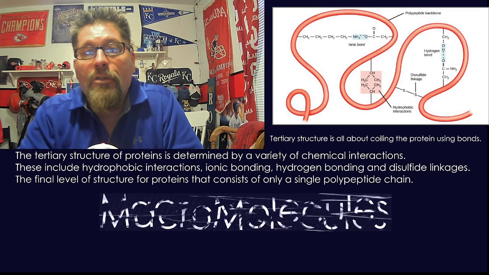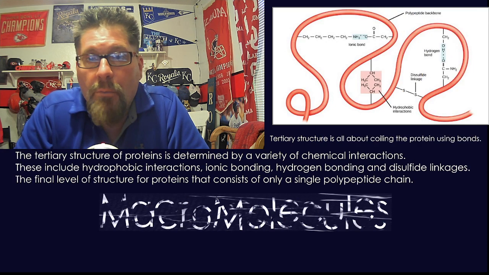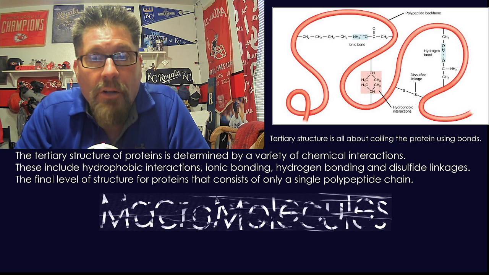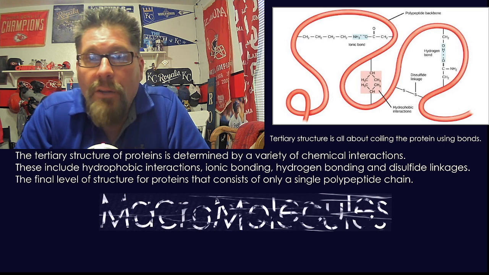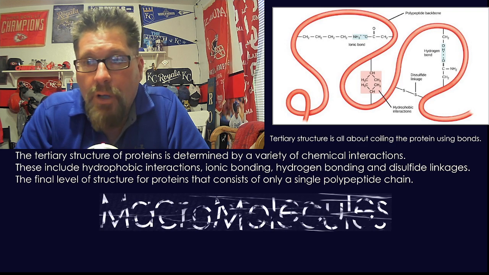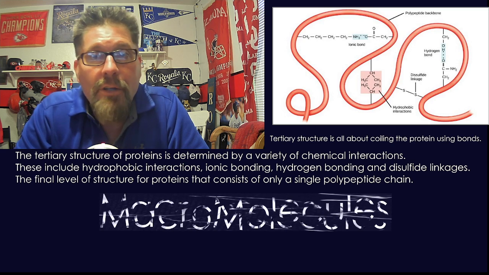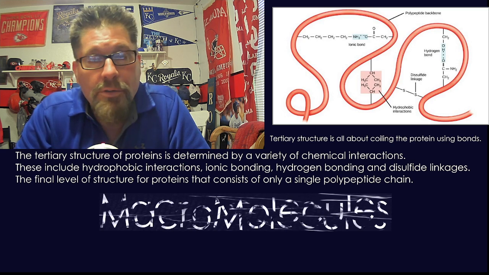Okay. The third structure of folding a protein, called the tertiary structure, is in a way, now that you've got them folded down and condensed, now we're going to take that molecule and begin to coil it onto itself using bonds and connection points like that. The way to think about this is think about a garden hose.